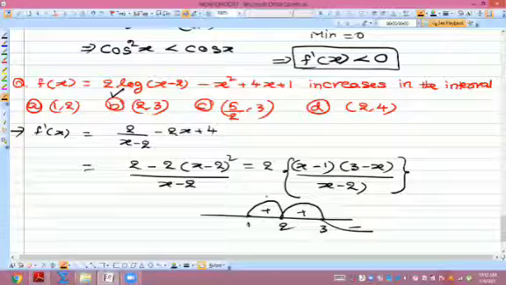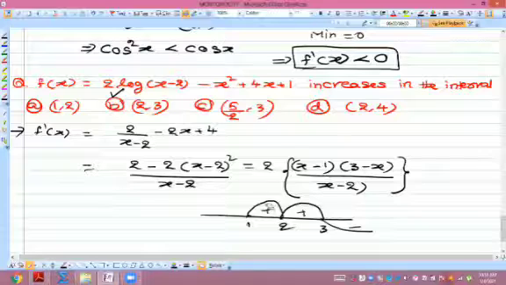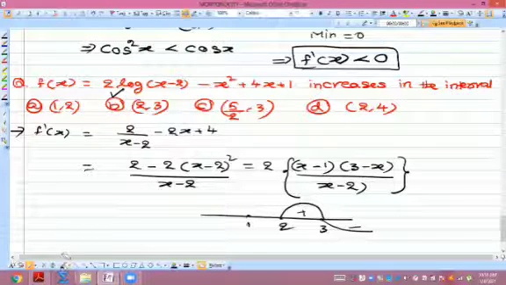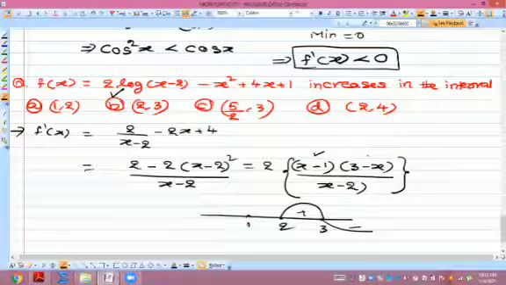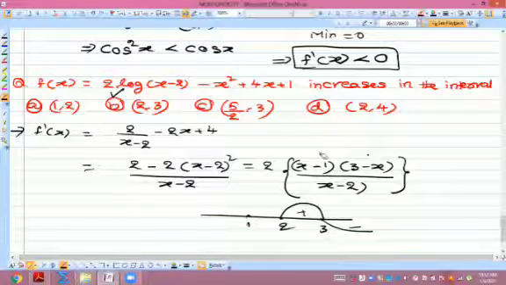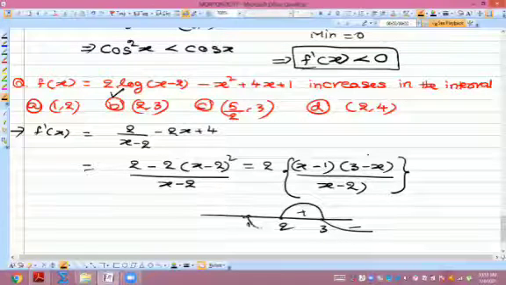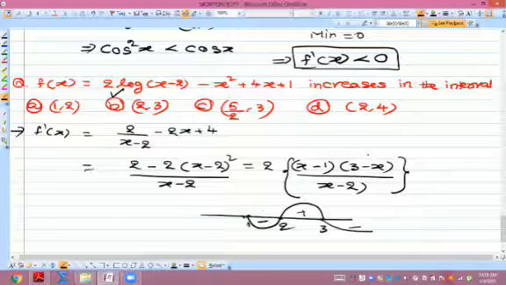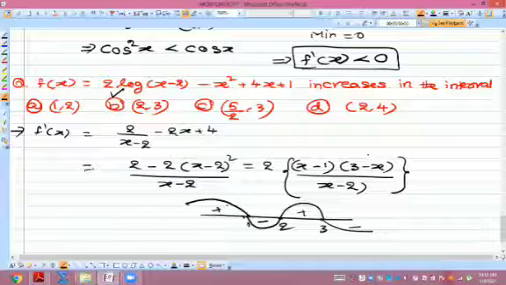Sir, 1 to 2 it's negative, the denominator is negative. See, 1 to 2, this is positive, right? So the numerator is positive and the denominator is negative. And before 1, positive only, but that interval is not present. Okay, so only option B.